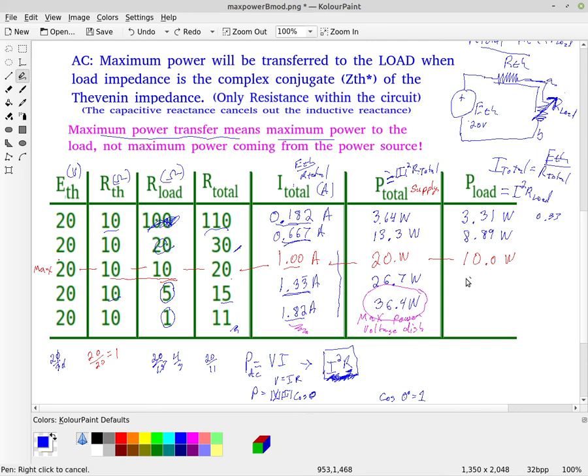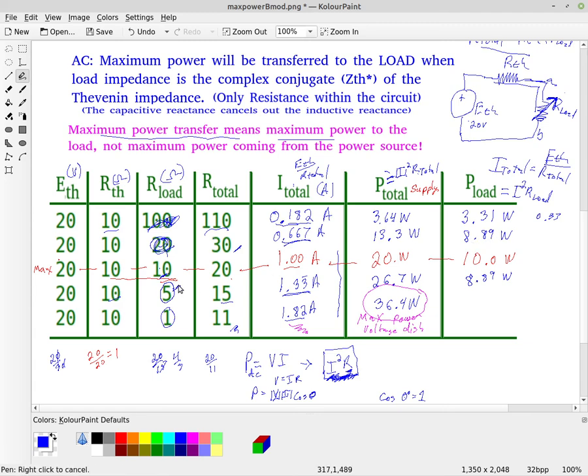But when you do this, you're back to about 8.89 watts. Notice our load here was twice the maximum power value of 10, and we ended up with 8.89 watts.